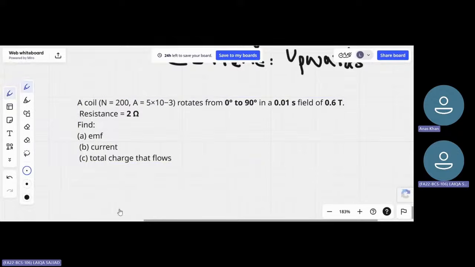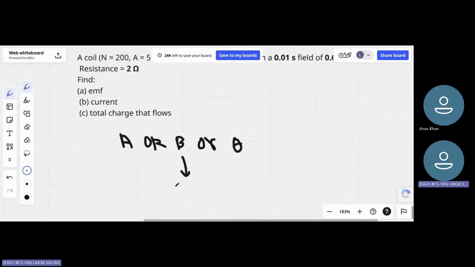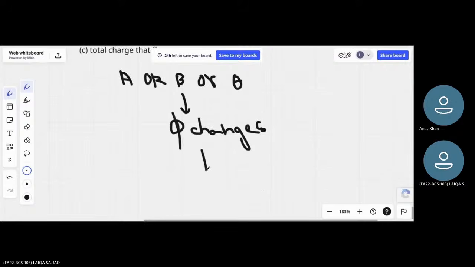We know that whenever the area or the magnetic field or the angle changes, the flux changes. When any of these three quantities changes, the flux changes, and whenever the flux changes, EMF is produced.